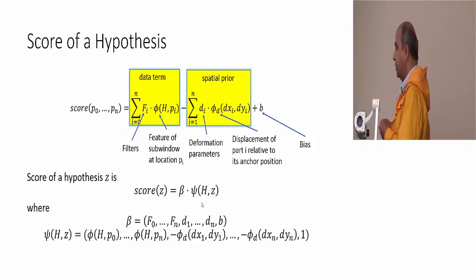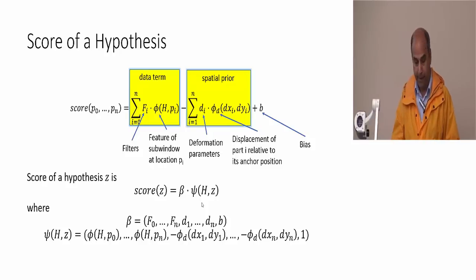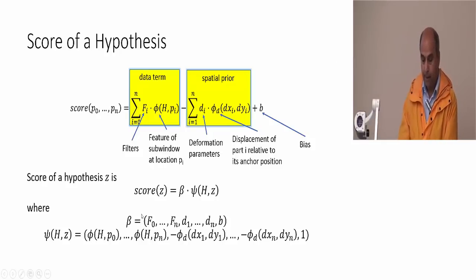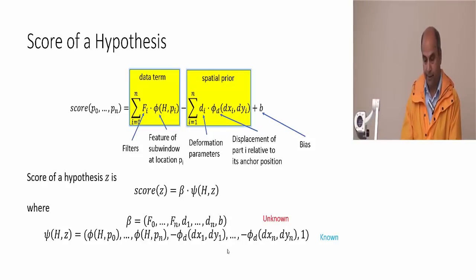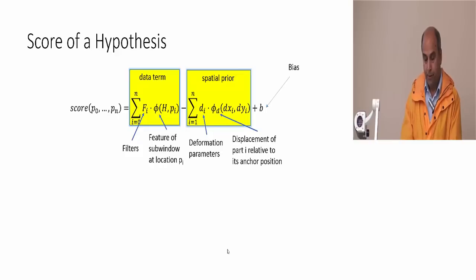This is the response of the HOG for part filter 0, part filter 1, part filter 2, and all those things. Then Φ_d are also fixed. They are quadratic terms, I'll show you. And the unknown is beta, which we want to compute, while the rest is known and fixed. So that's the basics.